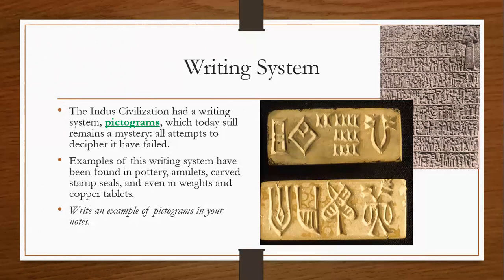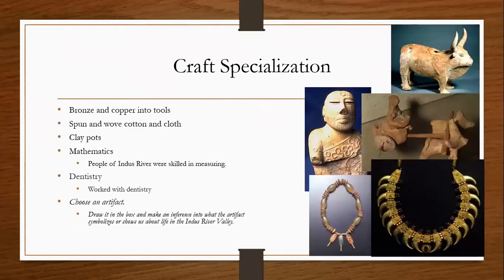Now, we see craft specialization happening in India. People who are making bronze and copper into tools, so metal workers, people who are weaving cloth, and potters making clay pots for carrying water, storing food, things like that. Mathematicians start to become a thing.